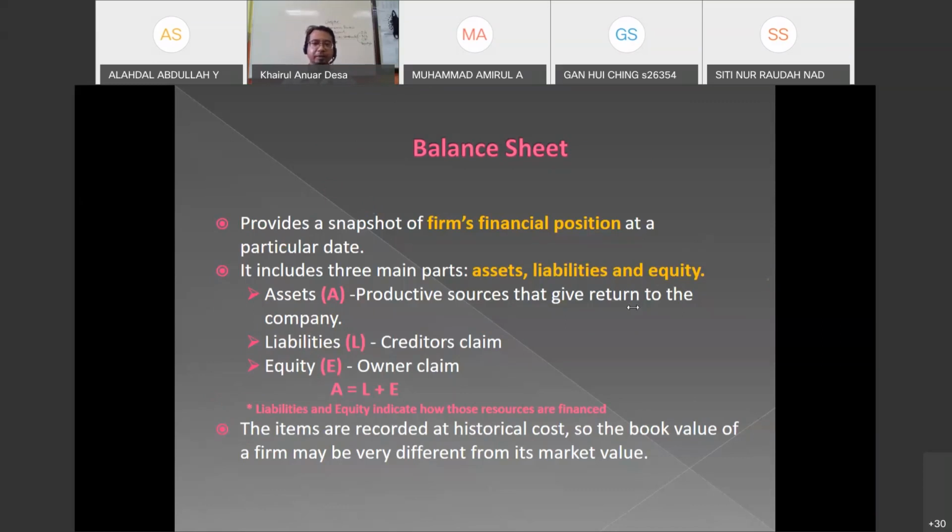Any question about the income statement? Are you still with me now? Clear about the income statement?